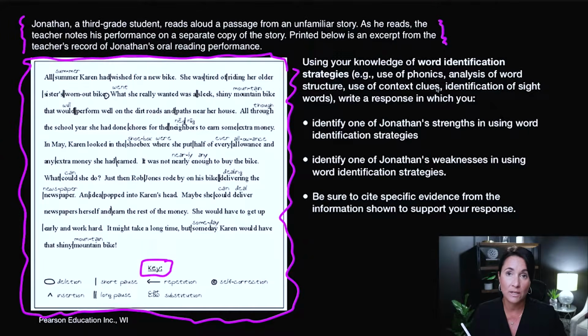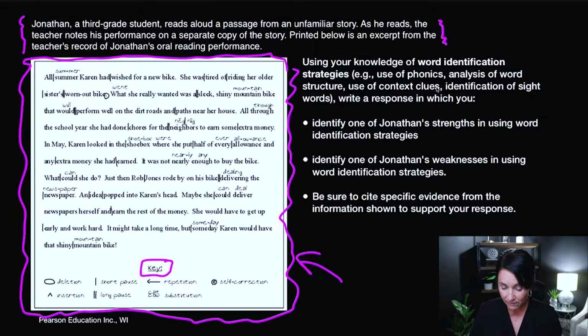The only thing that I saw change were the mistakes that the student made inside this fluency read or running record. So this passage changes and the mistakes the student makes change. However, this task for you remains the same. Again, if you found that to be something totally different, let me know in the comments below so I can investigate further.